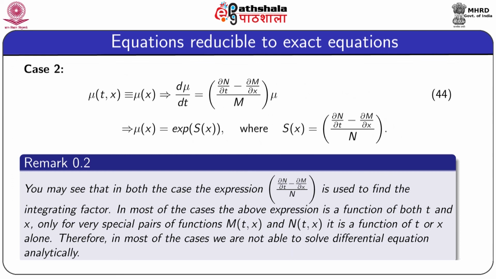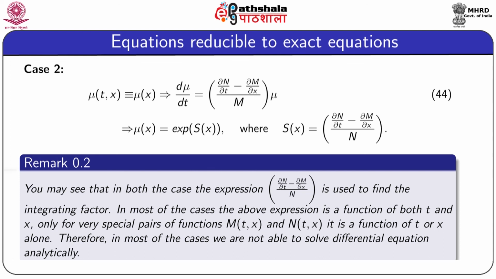And in case 2, we can take mu(t,x) as a function of x only, given by mu(x), which implies dmu/dx is equal to (∂n/∂t minus ∂m/∂x) divided by m, multiplied by mu, which implies that mu(x) is exponential of some function S(x), where S(x) is equal to (∂n/∂t minus ∂m/∂x) divided by m.